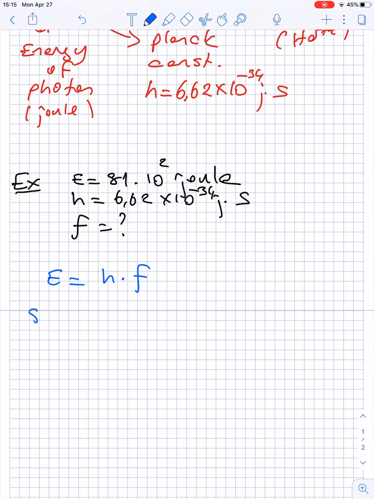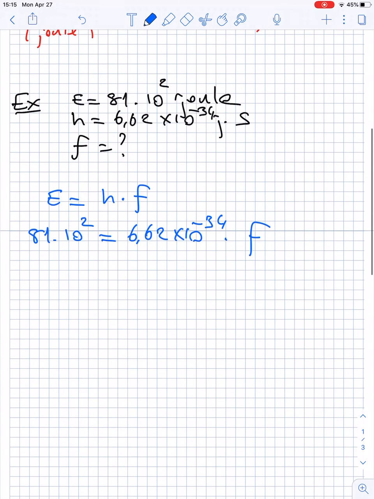The energy of the photon we know is 81 times 10 to the power 2, equal to H, the Planck constant, 6.62 times 10 to the power minus 34, and the frequency of radiation we don't know.